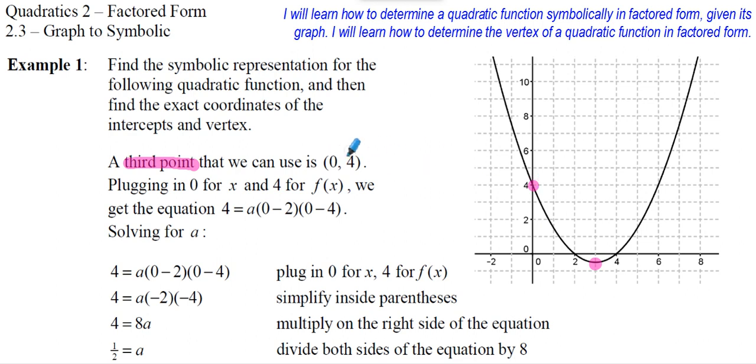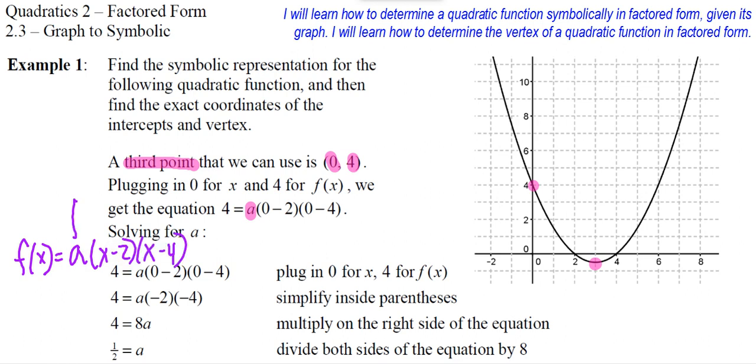Okay, and then the coordinates of the y-intercept is 0, comma 4, right? 0 as the x and 4 as the y. Remember that we have to find the a value. In order for us to find the a value, we would need a value for the y. Remember we had our equation as f of x equals a times x minus 2 and x minus 4.